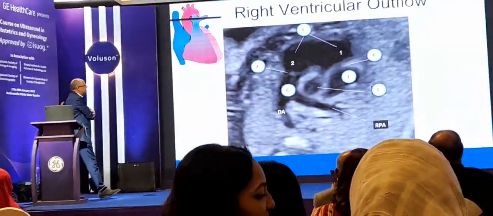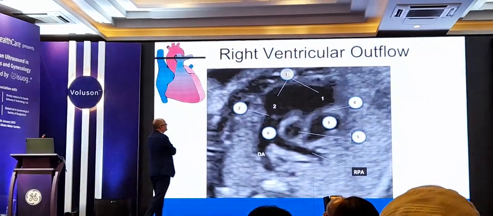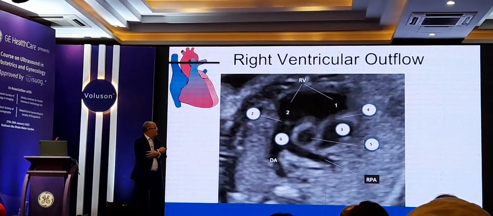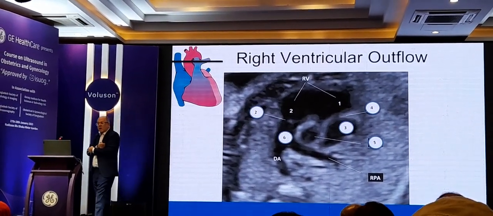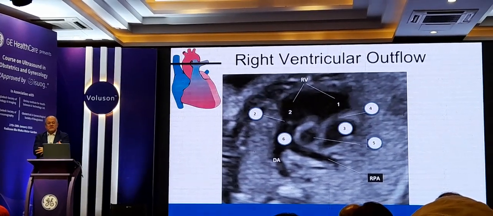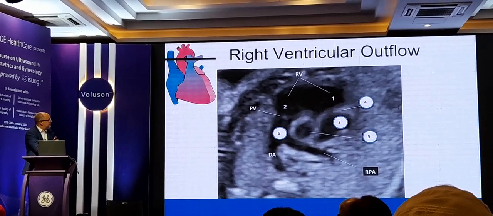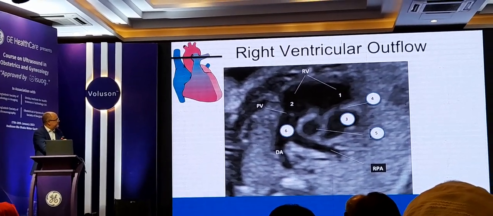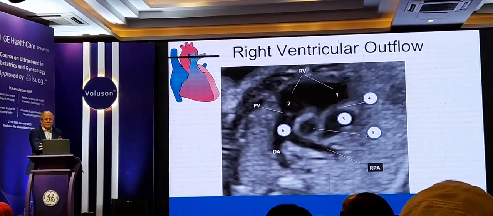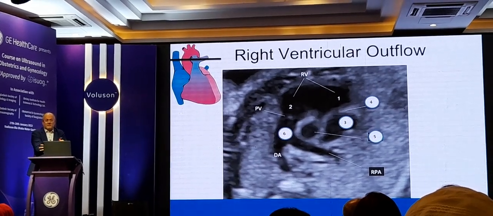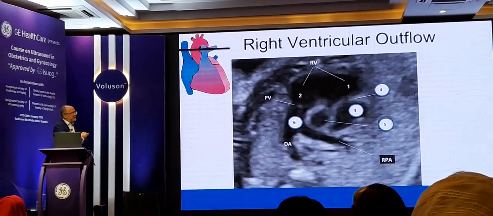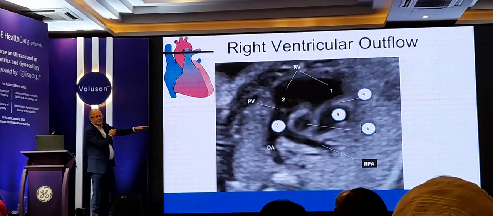Okay, revision time. In your head, what is number one? The right ventricle. Number two, see the little white line there? Pulmonary artery. That's the pulmonary artery, right? Four. What's four? So the line between the right ventricle and that other structure there.